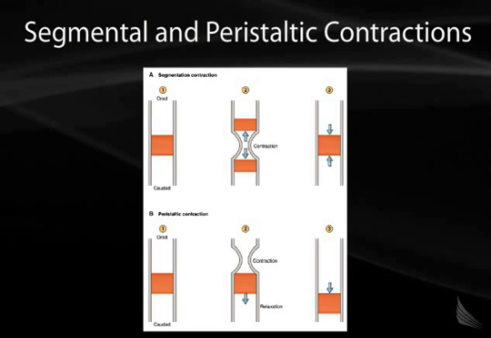What happens with peristalsis is there's an area of contraction behind a wave and an area of relaxation in front, resulting in propulsion of food forward, as shown in figure B, diagrams 2 and 3.